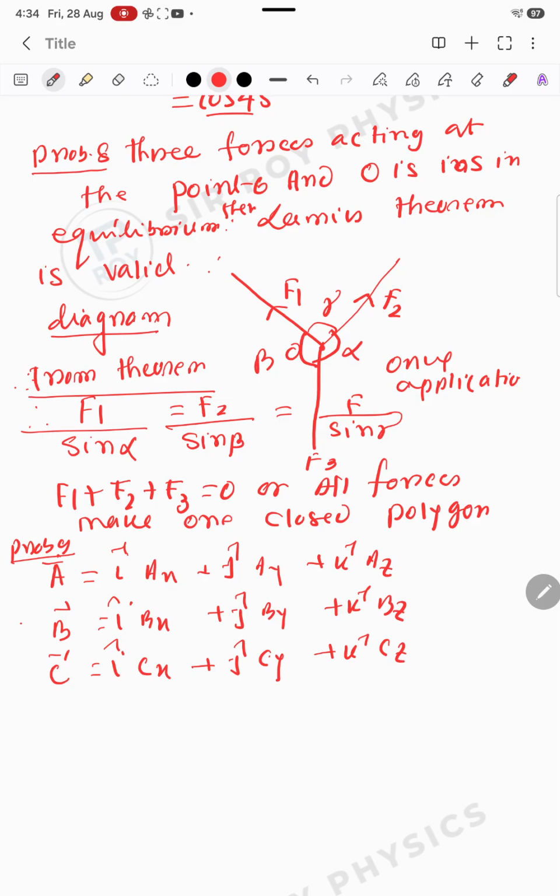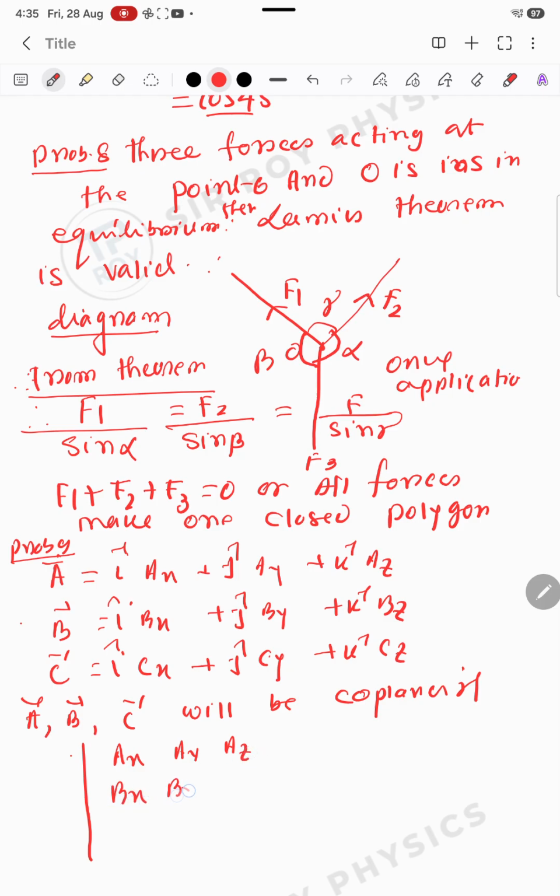Then A vector, B vector, C vector will be coplanar if this determinant, Ax Ay Az, Bx By Bz, Cx Cy Cz, value will be 0.